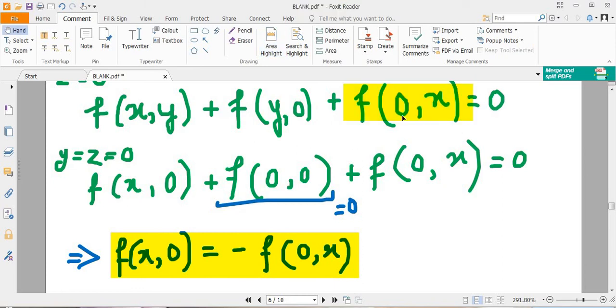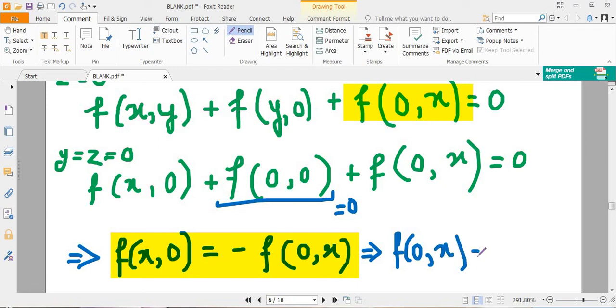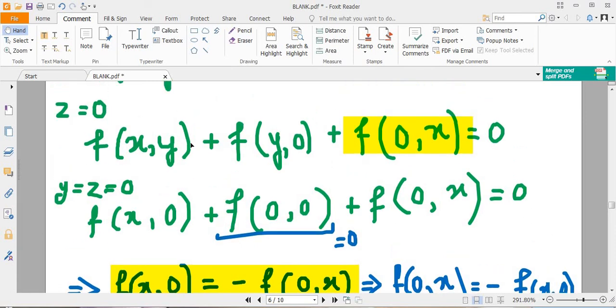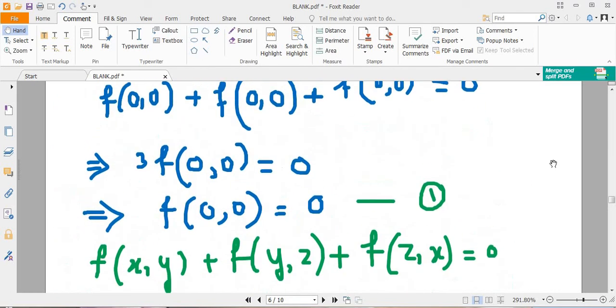See, f(0,x) is actually minus of f(x,0). And what happens if I put it there? If instead of f(0,x) I put minus f(x,0), I get f(x,y) plus f(y,0) minus f(x,0).